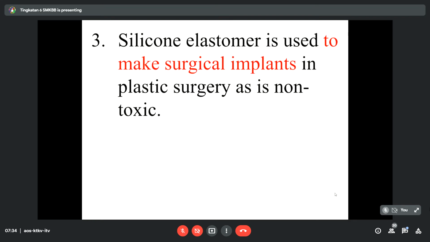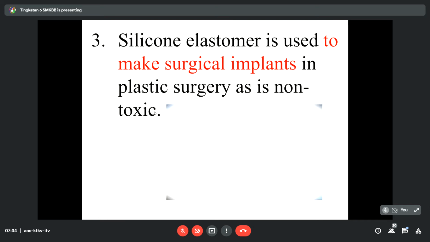Okay, number 3, silicone in elastomer type. I mean in the rubber type. You can use it to make surgical implants in plastic surgery because it is non-toxic. So even if you put it inside the body, you don't have to be scared it may harm you, or become toxic to the body.